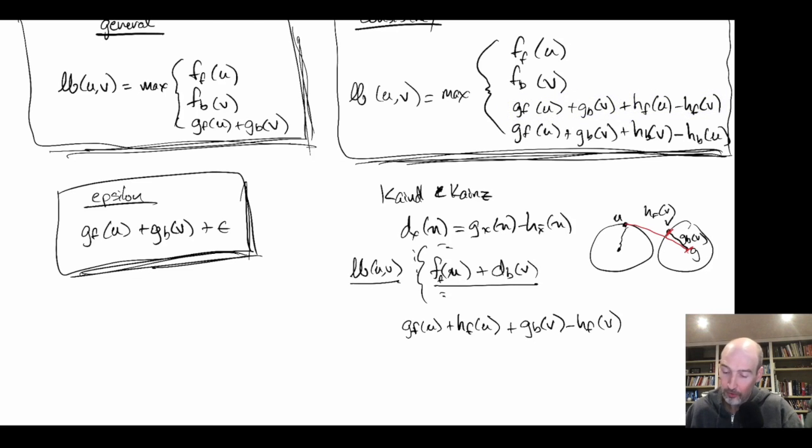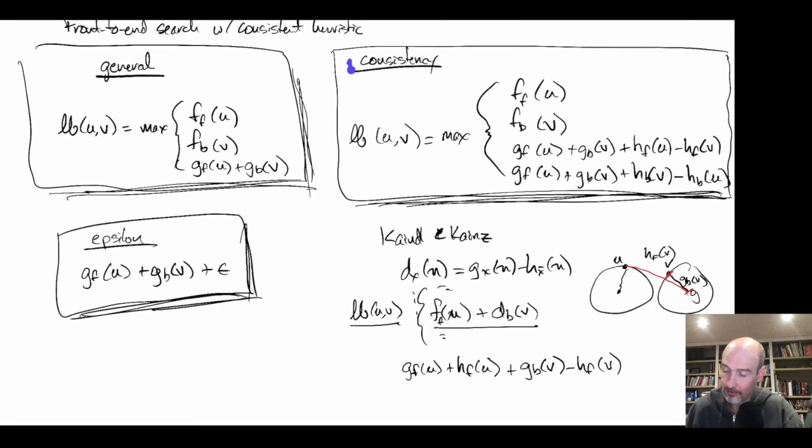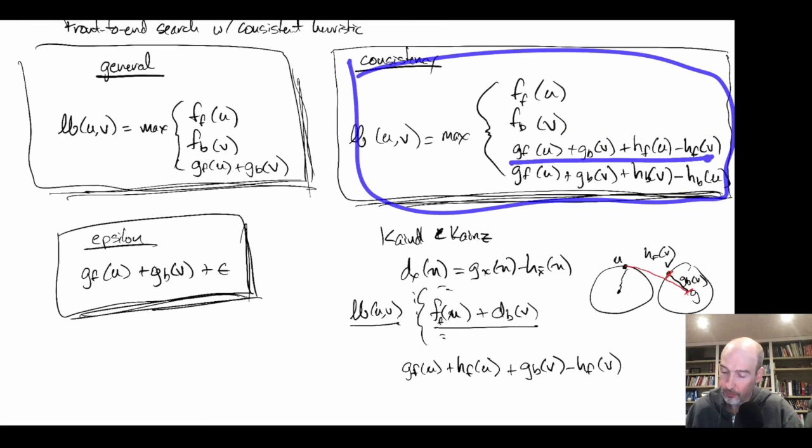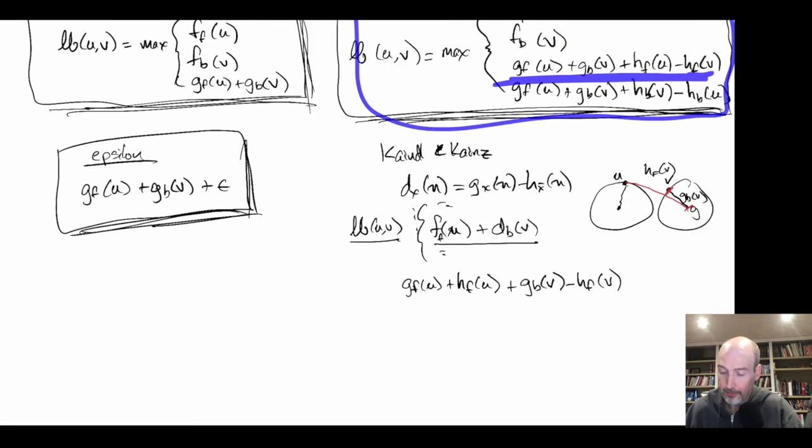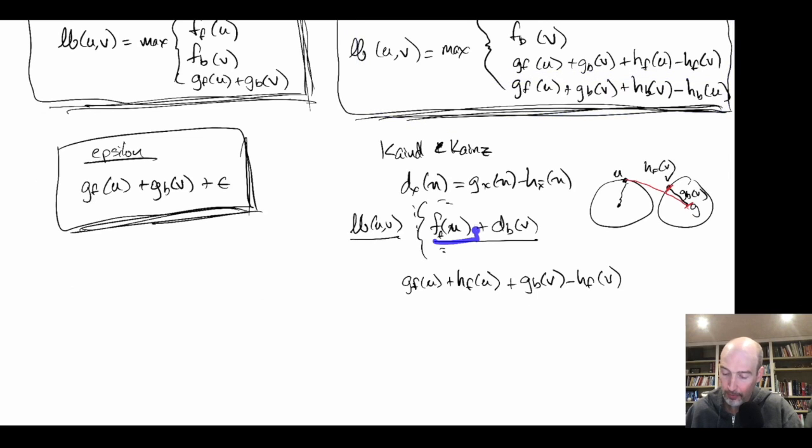So for consistency for the lower bound, this piece right here can be rewritten as f forward of u plus db, this d term, which is the error term in the backwards direction of v. We can see this is just equivalent to assuming consistency. This term just says I can take my f and I can take d of b in the backwards direction.